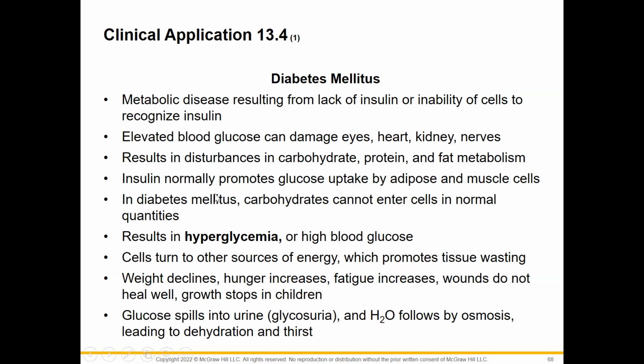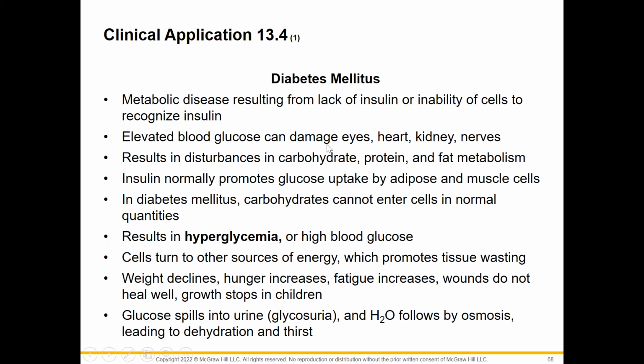Insulin normally promotes glucose uptake by adipose tissue and muscle cells. So when insulin goes into the bloodstream and takes that sugar and pulls it into a cell, those sugar molecules are either going to be added to your fat cells as more energy storage for later, or it'll go into muscle cells to give those muscle cells a source of energy in that moment.